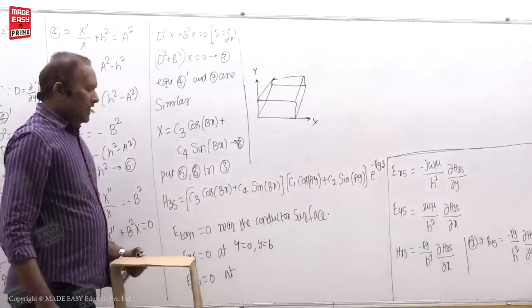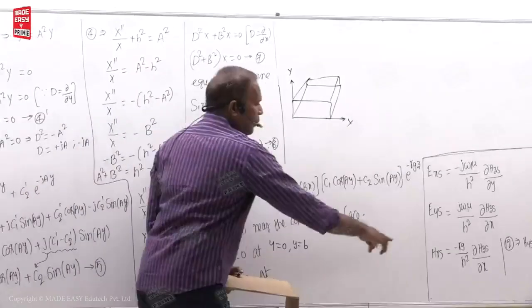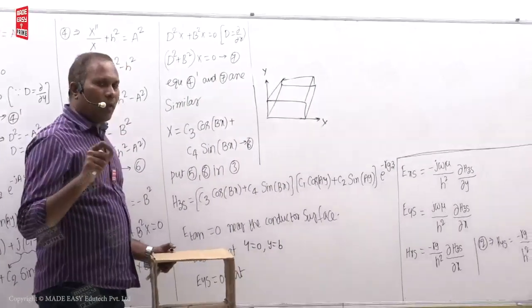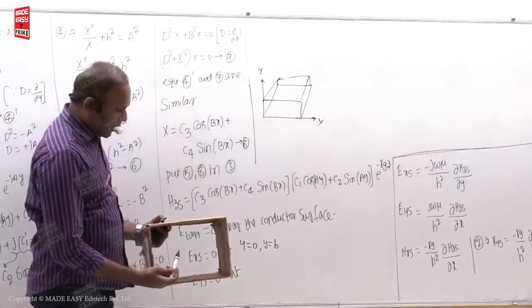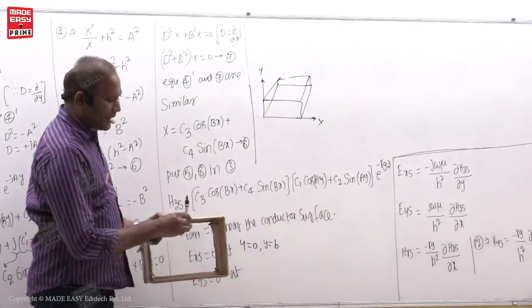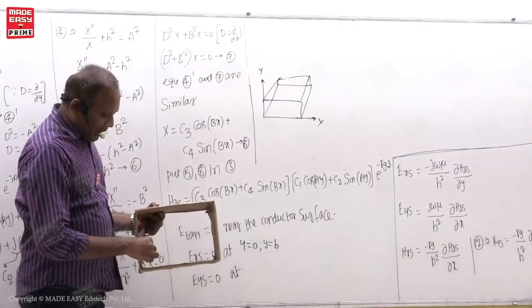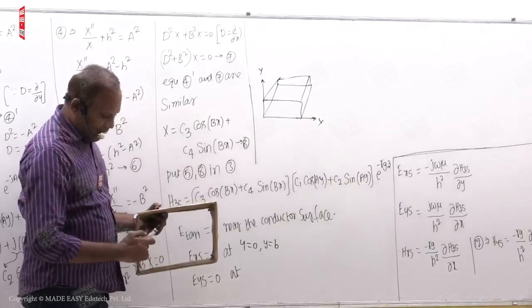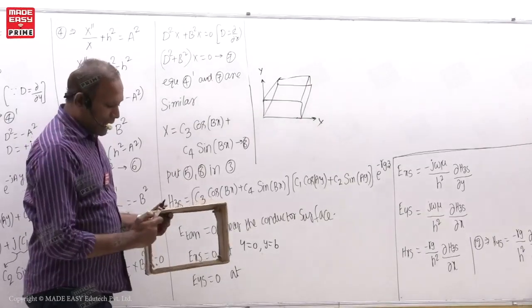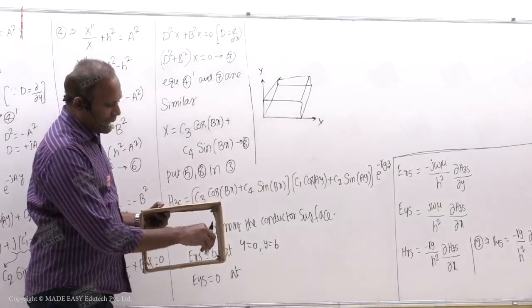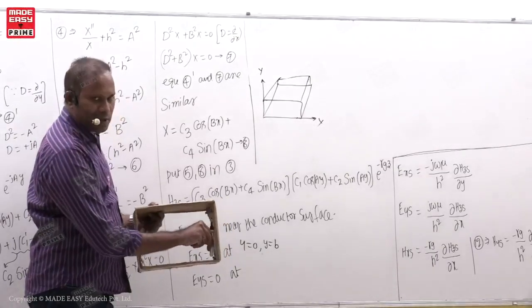Similarly, this EYS component means the electric field Y component is in the Y direction. Y direction means like this. So this component is parallel to this surface, and what is that? X is equal to 0. And also this component, like this, is parallel to this surface also.